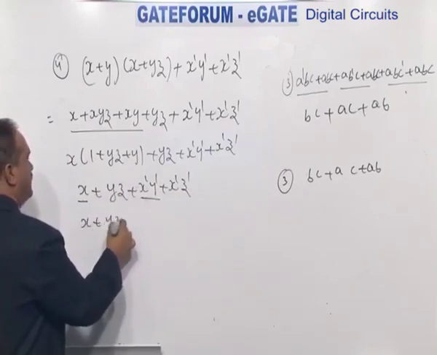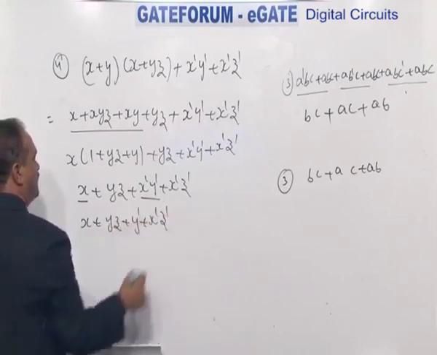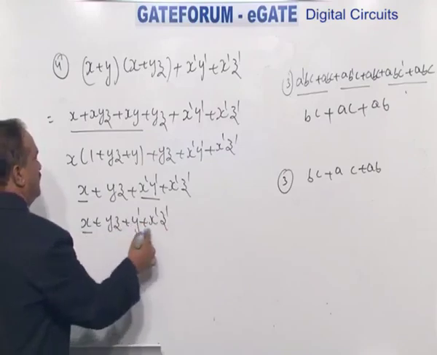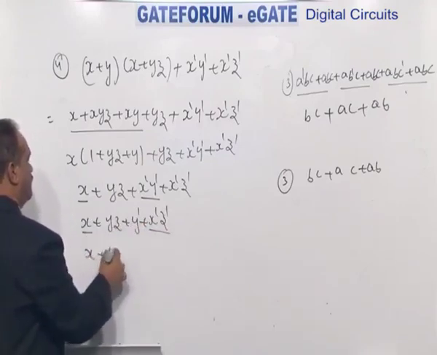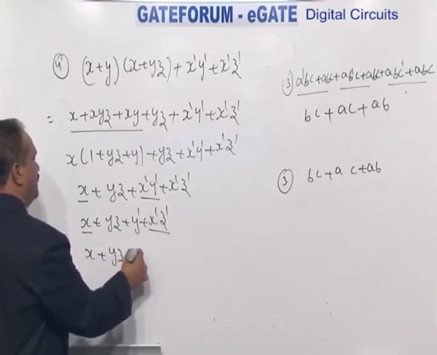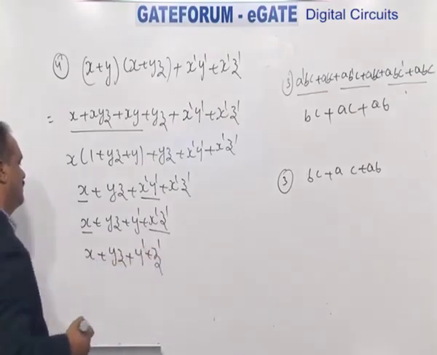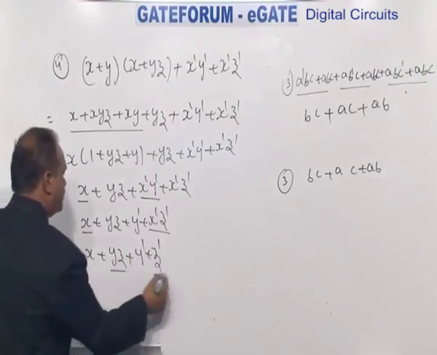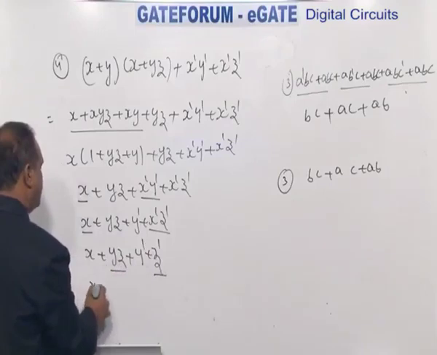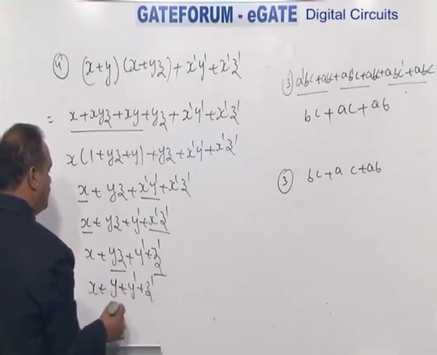So x plus yz plus y bar plus x bar z bar. And first and last terms, again you can eliminate x bar. And here z bar plus zy, z can be eliminated. So x plus y plus y bar plus z bar.